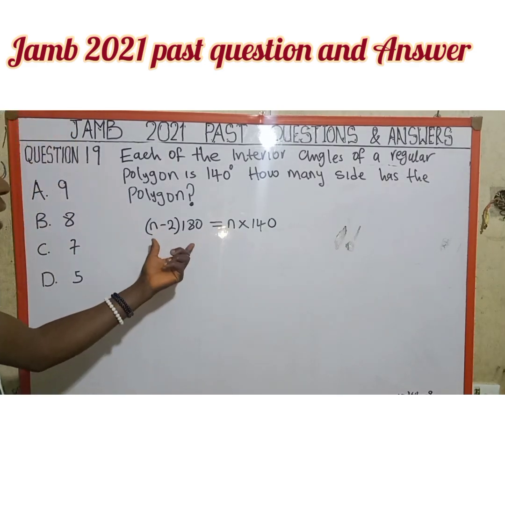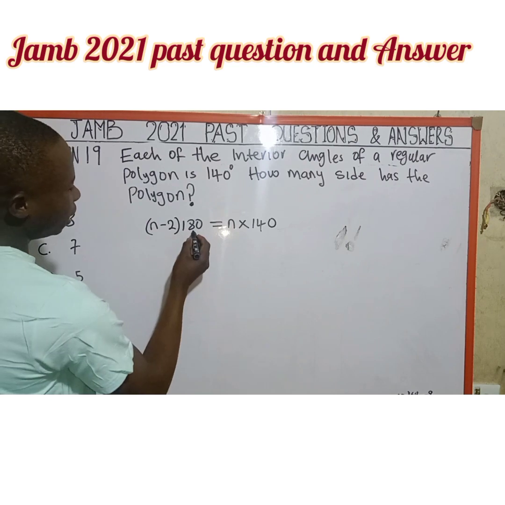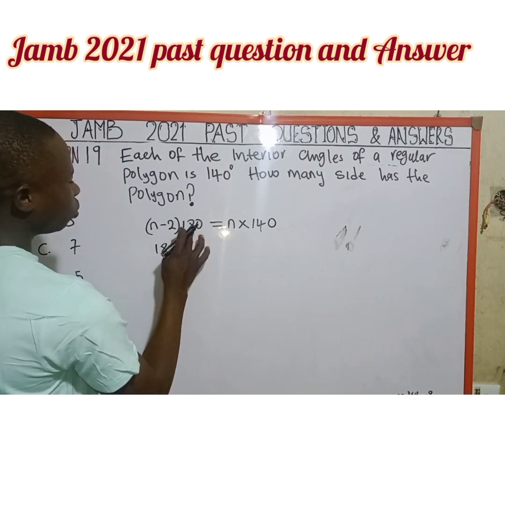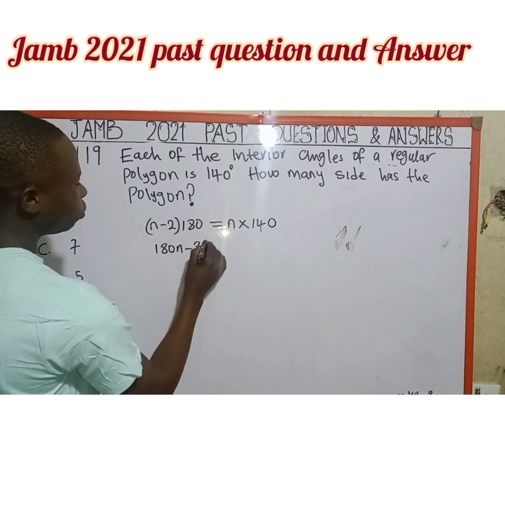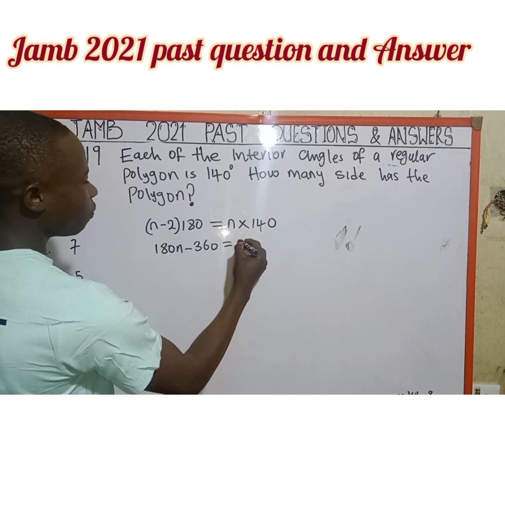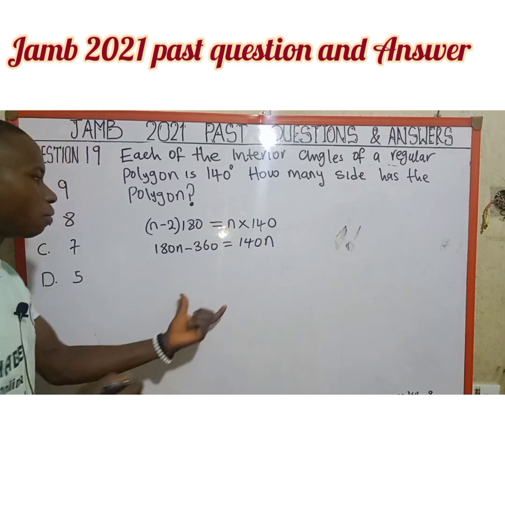From the question, each angle of the regular polygon is 140 degrees, so we multiply n by 140. So let's expand this bracket and simplify. We have 180 multiplied by n, which gives 180n, then minus 180 multiplied by 2, which gives 360, equal to n multiplied by 140, which gives 140n. So let's combine the like terms.